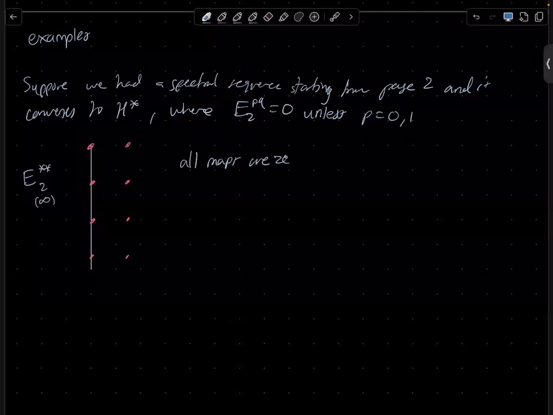This means all terms stabilize, i.e. E2 is E infinity star star. And I mean this both uniformly and pointwise, whatever.